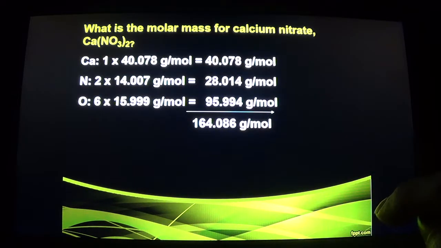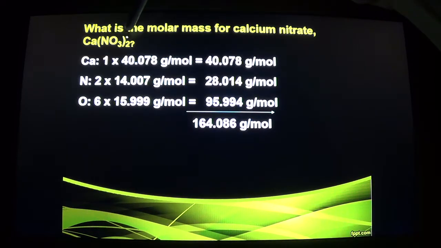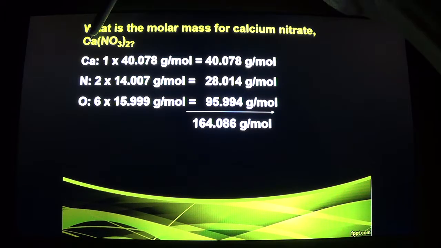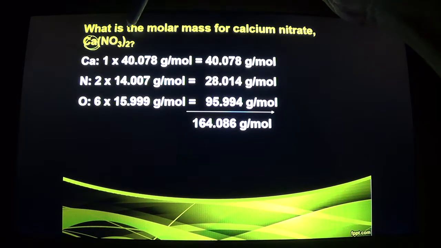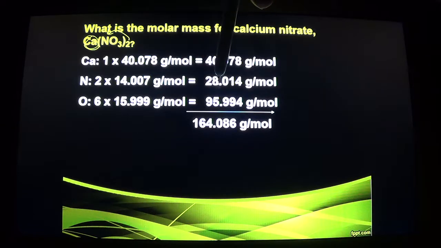So let's do another example of molar mass for a compound because I want you to see this. Here I have calcium nitrate, and I picked this because it has parentheses, so I want to remind you how this works. I still have 1 calcium, so it's 1 times the mass for calcium. But that 2 outside the parentheses goes to the nitrogen, so I have 2 times the mass of nitrogen.